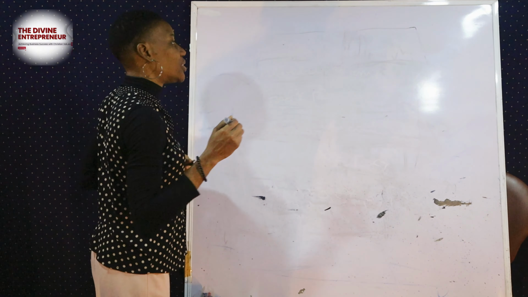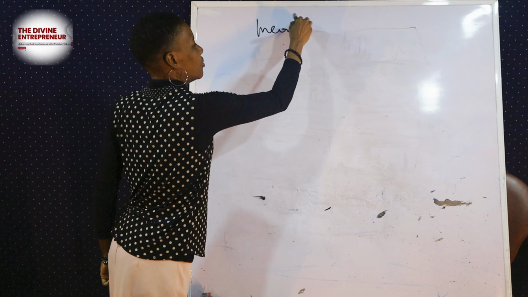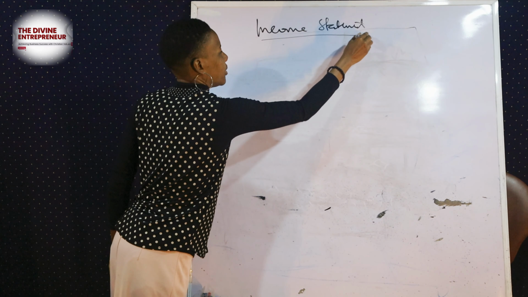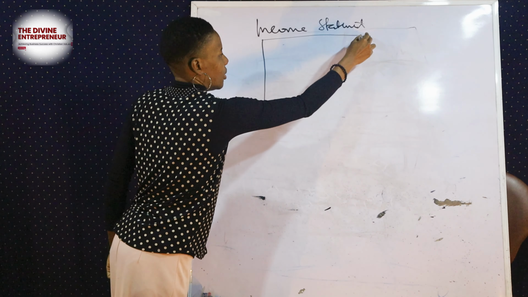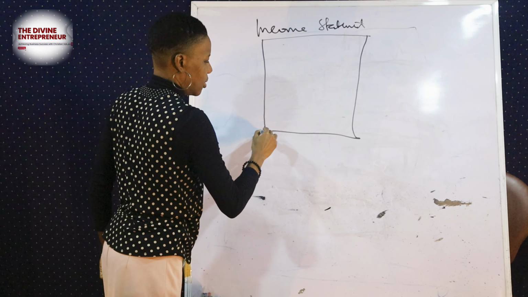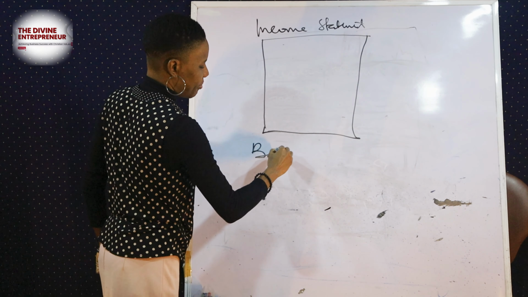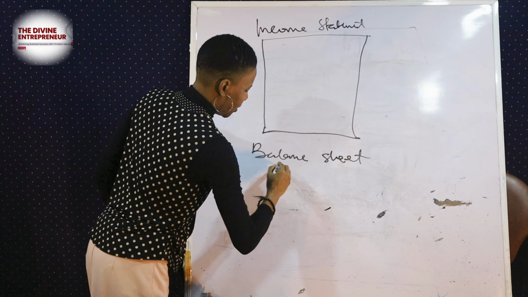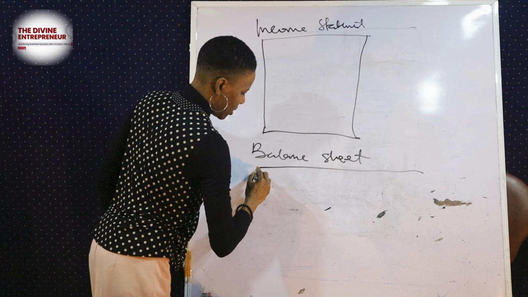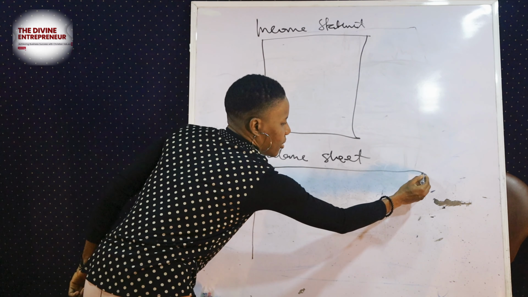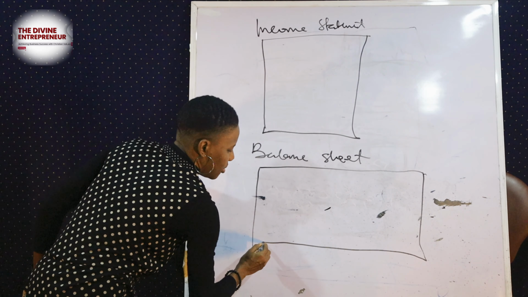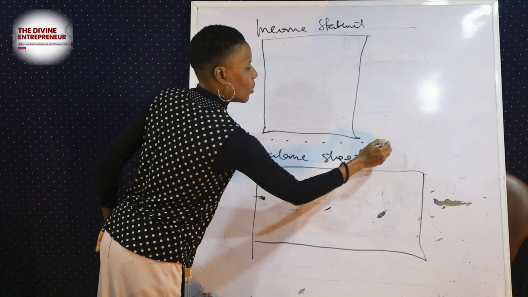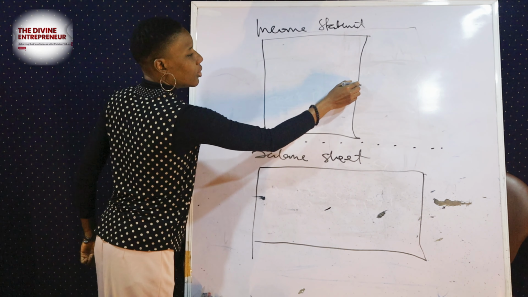So my income statement is something like this. Income statement, something like this. And then just below, I have my balance sheet, right? Which I like to represent like this. Okay.